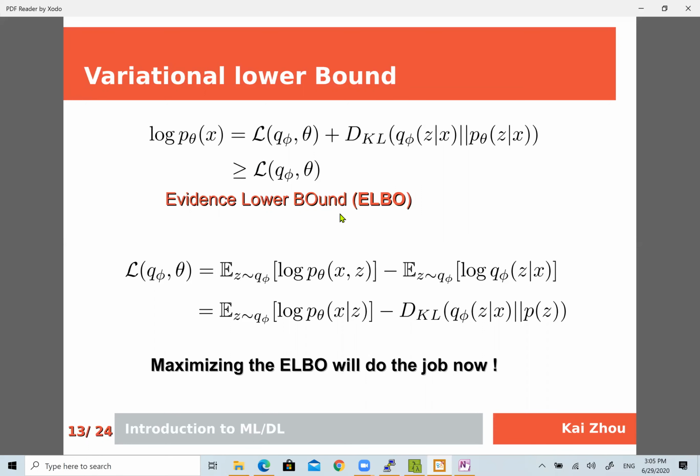What the variational autoencoder is doing is just maximizing this lower bound instead of this log likelihood. We started out to maximize this likelihood, right? Because our basic principle is maximizing the likelihood of all the collected observations under our generative model. But to calculate this marginal likelihood, we need to do a high dimensional integration. That integration is intractable.